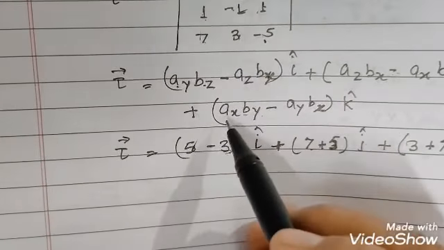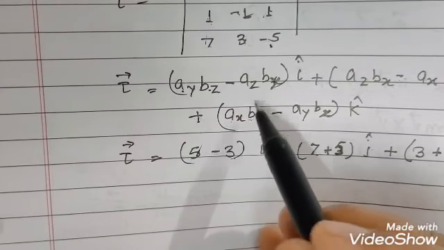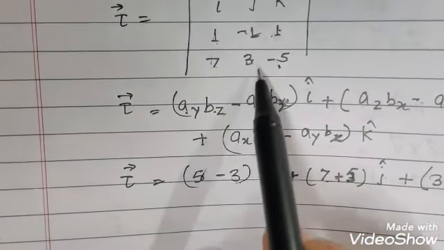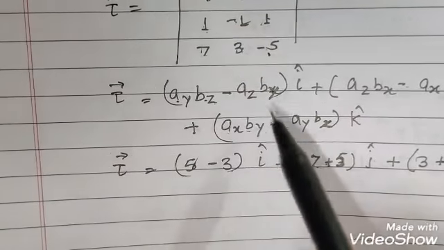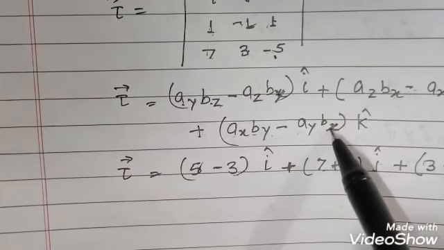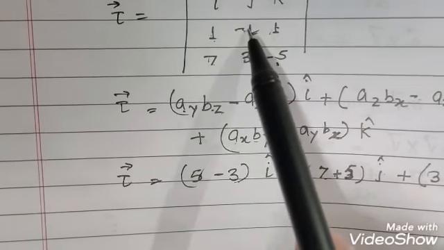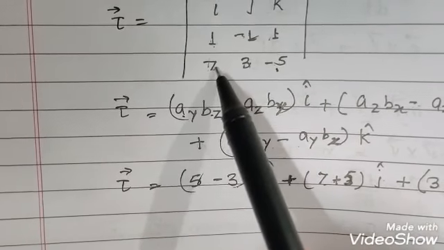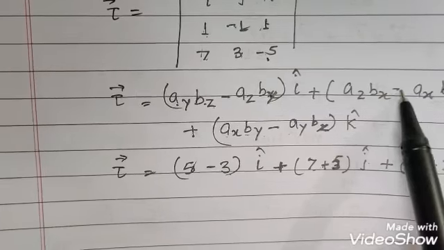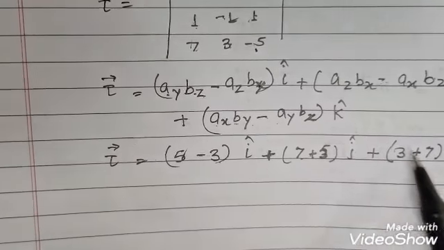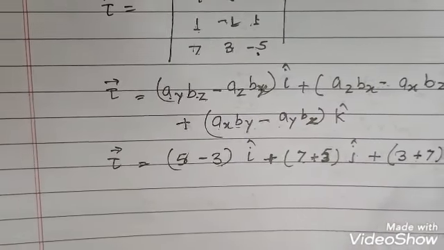Now axby, that is 1 into 3, 3 here, and minus aybx, ay is minus 1 and bx is 7, minus 7, and already the minus sign is here, so it will become plus, (3 plus 7) k cap.